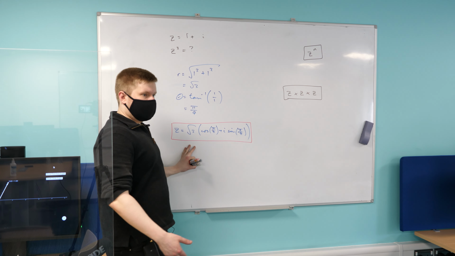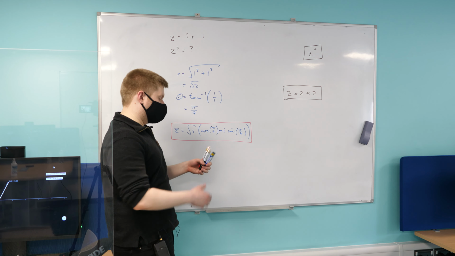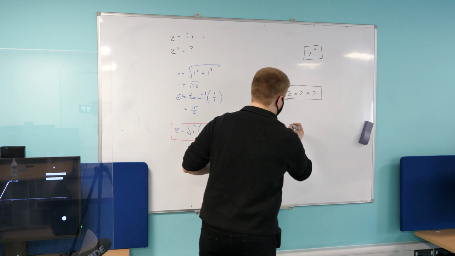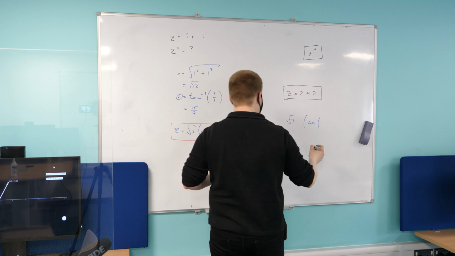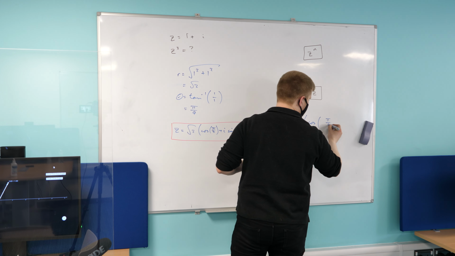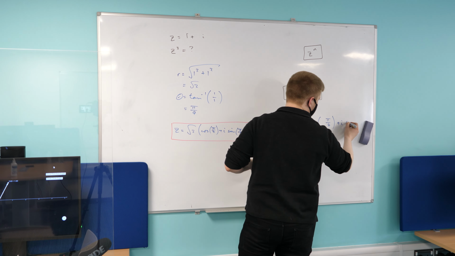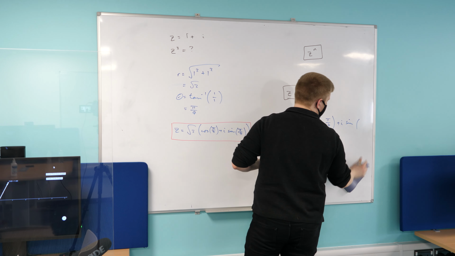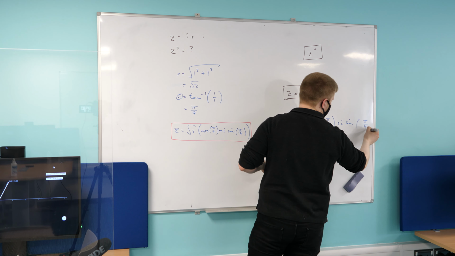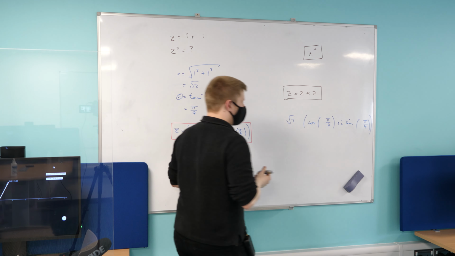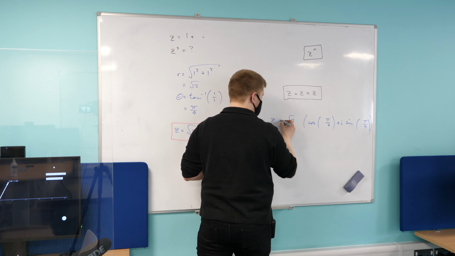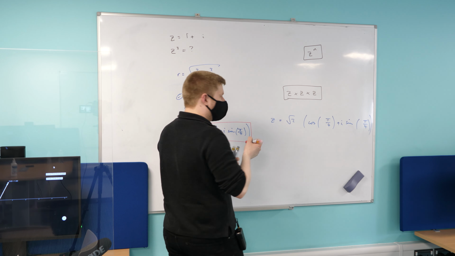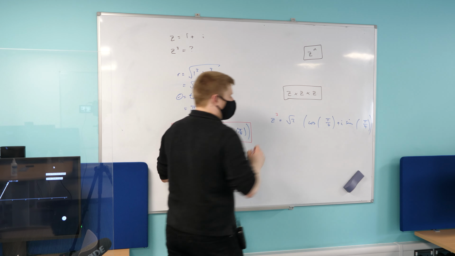So if I think about this, okay, this is my complex number at the moment. So if I just write down root 2 times the cosine of pi by 4 plus i sine of pi by 4, let's see if I can establish what z cubed is going to be equal to. So this is z at the moment. I want to figure out what would happen if I take z and I cube it.